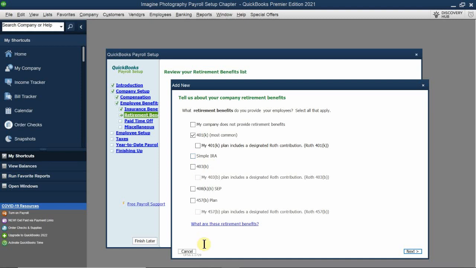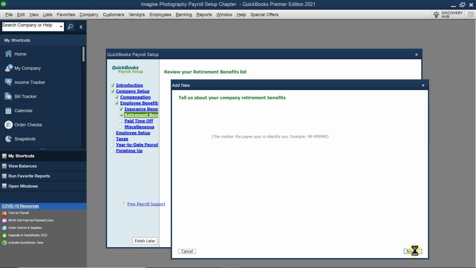If you don't know what these are, click on this blue link here, and it explains what these retirement benefit plans are. It gives you an outline and a description of what they do. Again, the most common one we normally see is a 401k plan. I'm going to say yes, my company can offer a 401k plan, and I click next.